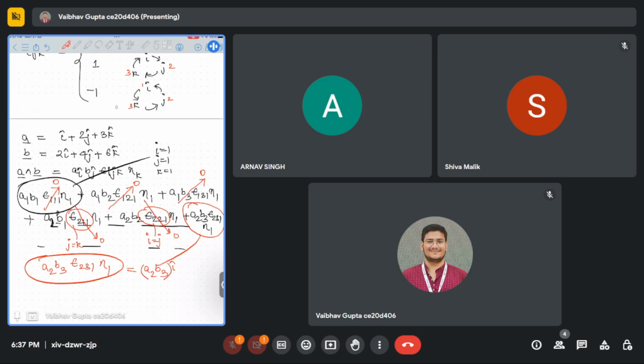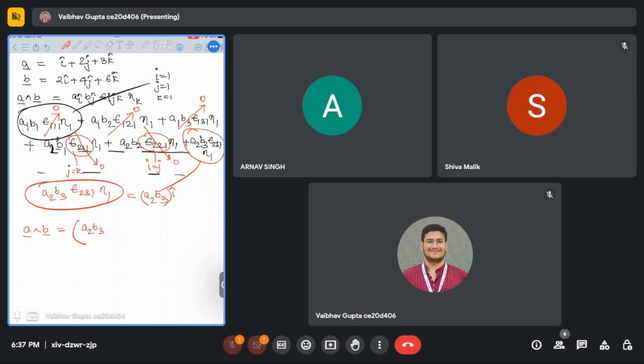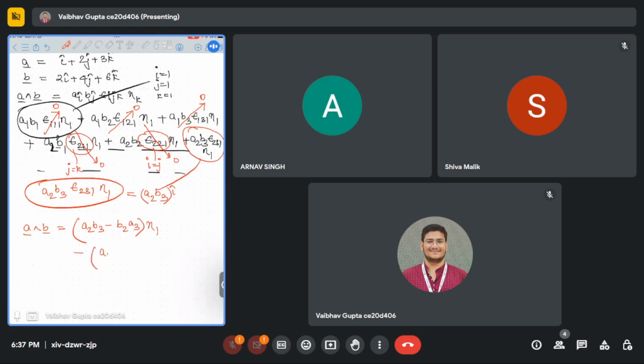Okay. So when you write all the terms, you will get here (A2 B3 minus B2 A3) eta 1 minus (A1 B3 minus B1 A3) eta 2 plus (A1 B2 minus B1 A2) eta 3.